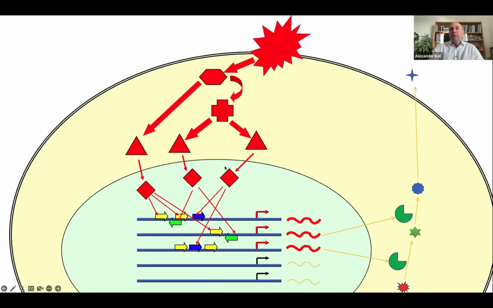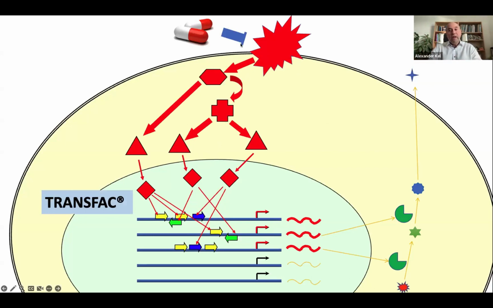Then we have to go upstream from those factors and see in the signal transduction cascade what can be leading to the activity of these factors. If we find the so-called master regulator, then we can probably search for drugs which could treat those master regulators.